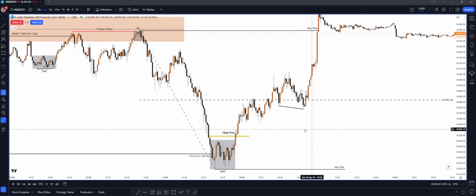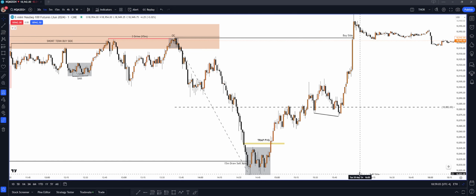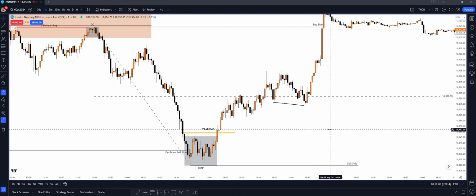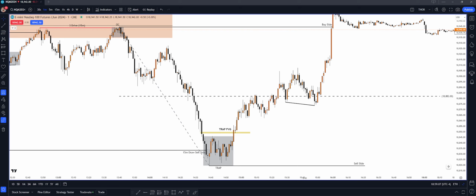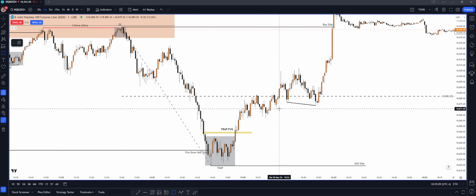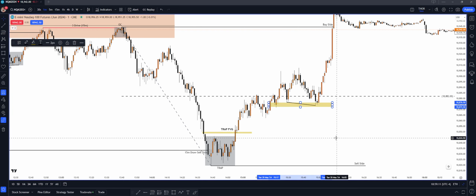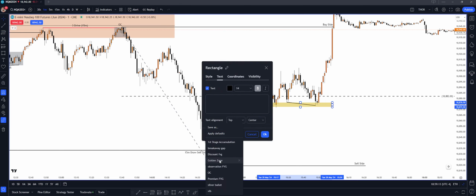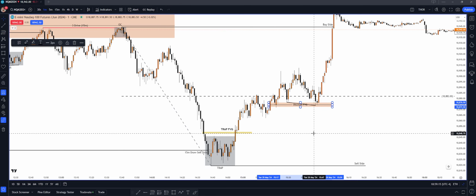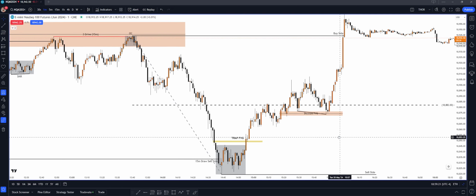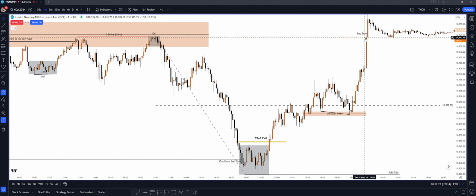The first SMT divergence. Or if you don't like to buy into short-term sell signs like this, you can do a couple of things. Like you can look at the discount PD arrays, for example. There's a discount fair value gap here, okay? You can use that. It's the same thing. Then you put your stop loss below this low here, okay? And then it sent the market towards the buy side.